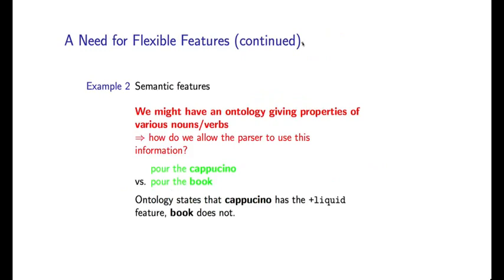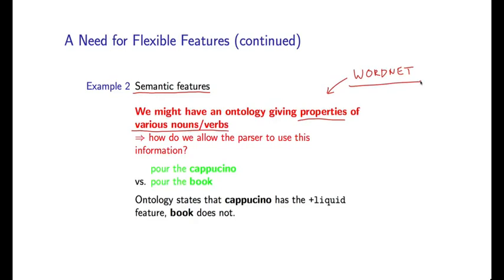Here's a second example of the kind of features which might be useful, but which are again rather difficult to incorporate within a history-based model, such as a probabilistic context-free grammar. These are semantic features. So imagine we have an ontology or some kind of lexicon which gives properties of different nouns and verbs. One example of such an ontology might be a resource called WordNet, which is a very famous resource that has information about a very large category of nouns and verbs in English.